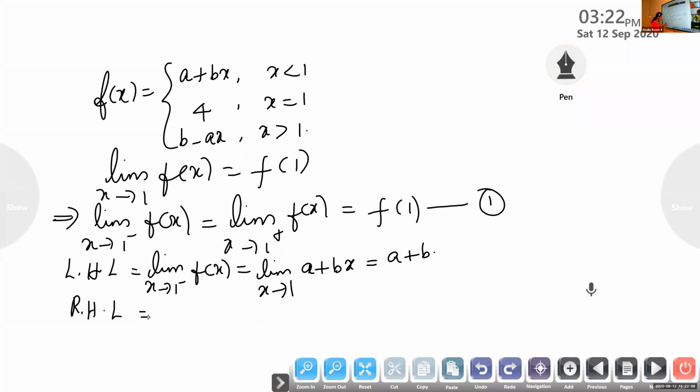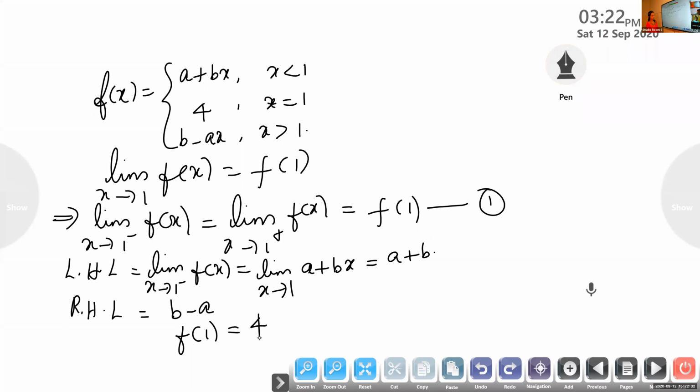Louder? B minus A. And what is f of 1? When x is 1, f of 1 is 4.